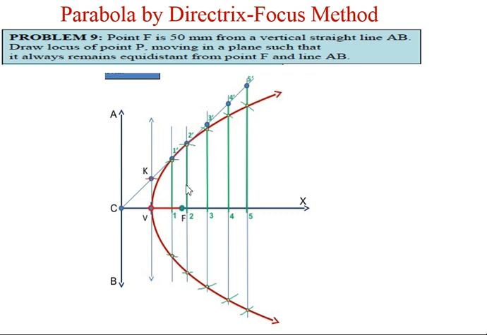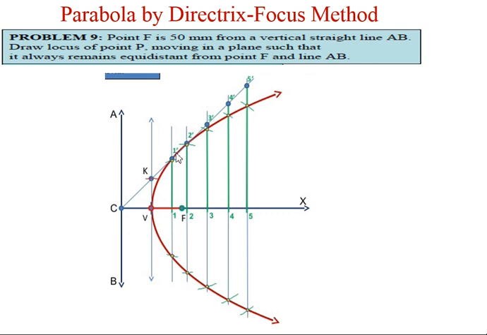Mark on the 1 dash projector and you will get points on both sides. Then 2 dash will be the distance, F the center: mark on the projector of 2 dash and you will get the second pair of points on both sides of the axis. 3 dash will be the distance, F the center, you will get these 2 points. 4 dash will be the distance, F the center, you will get these 2 points. 5 dash will be the distance, F the center, you will get another 2 points.